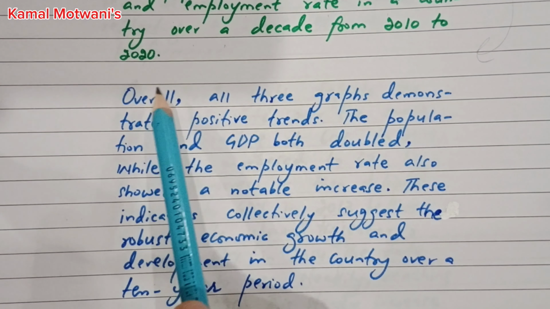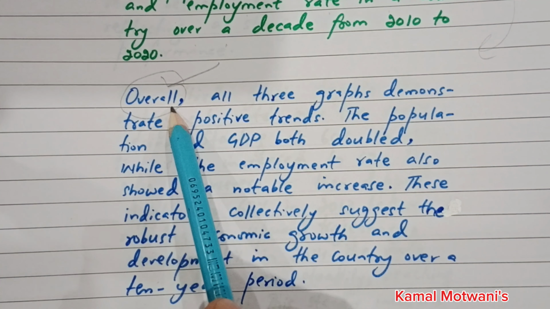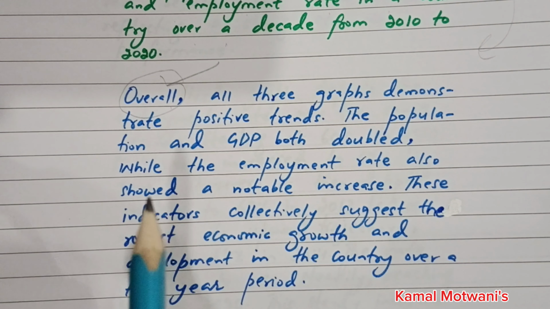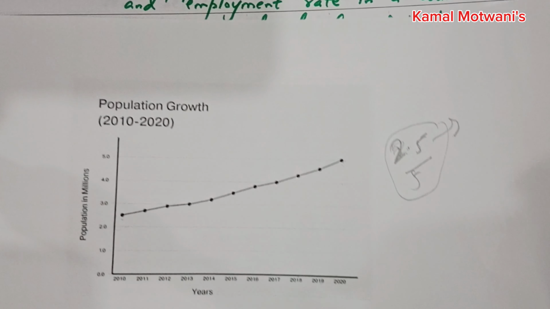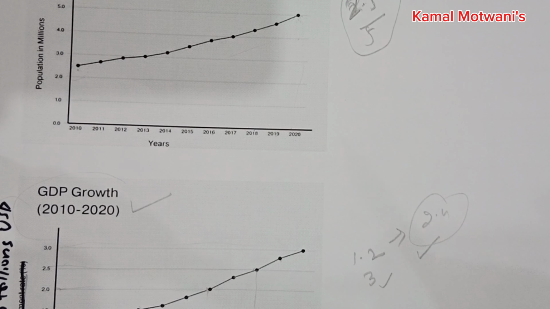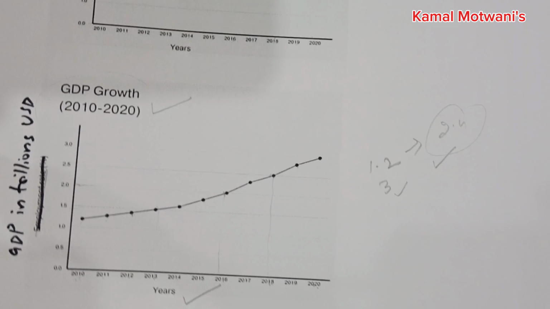Overall, now see, this connector is very much necessary because it hints to the examiner that the candidate has written the overview onwards. Now, as I earlier told you when I was discussing these graphs, these are the major fluctuations, or we can say the major comparisons or observations that we have drawn out while observing these graphs.